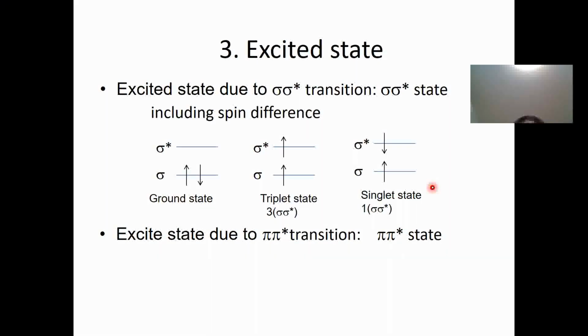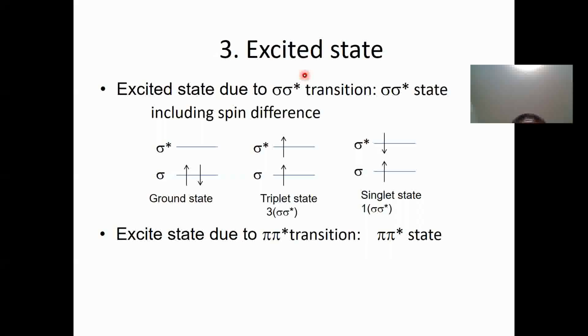In this third lecture, we are going to study the excited state. The excited state is quite important in photochemistry because in any photochemical reaction, the reaction starts from excited states.